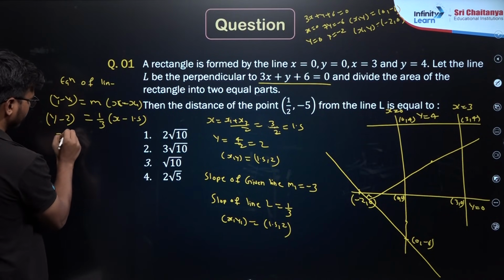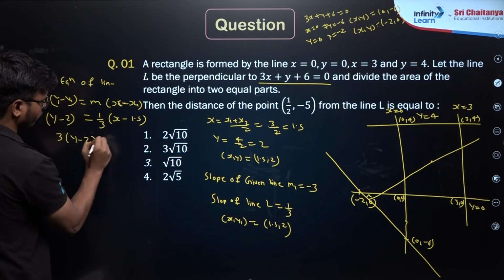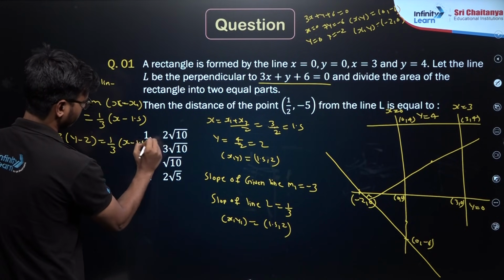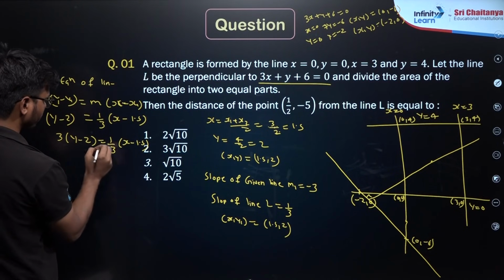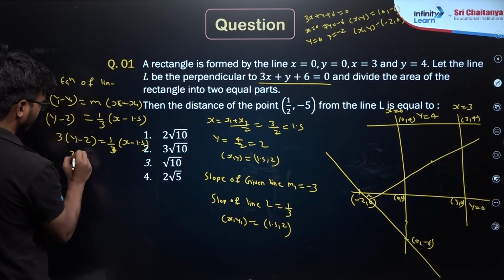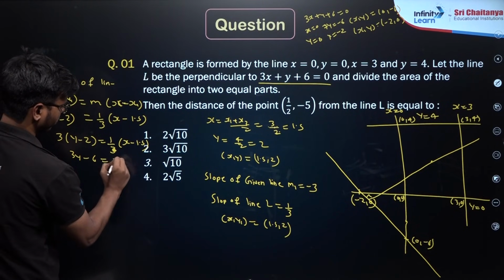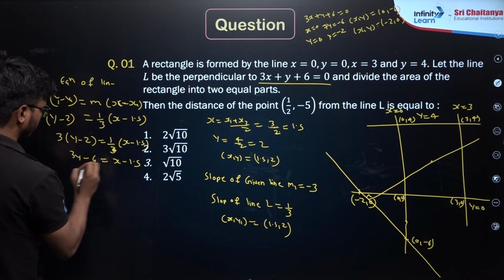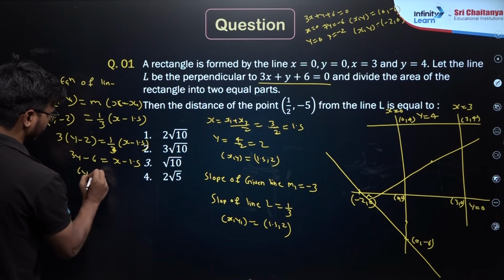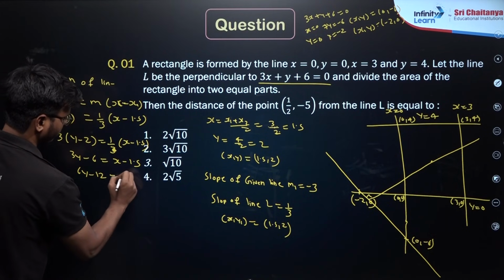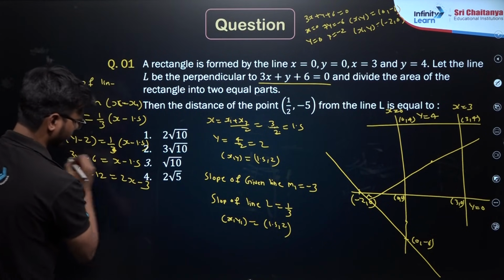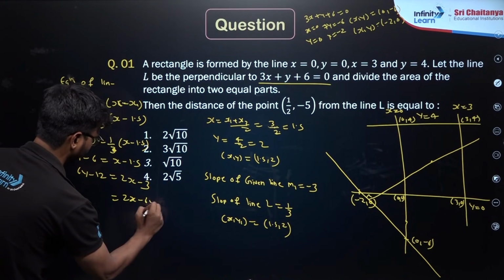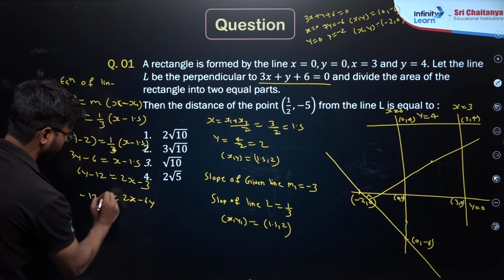So I can write this as 3 times y minus 2 equals 1 by 3 times x minus 1.5. So it will be 3y minus 6 equals x minus 1.5. I can multiply by 2, so it will be 3 2s are 6, minus 6 2s are 12, 2x minus 3. Now I can write it as 2x minus 6y minus 12 plus 3.